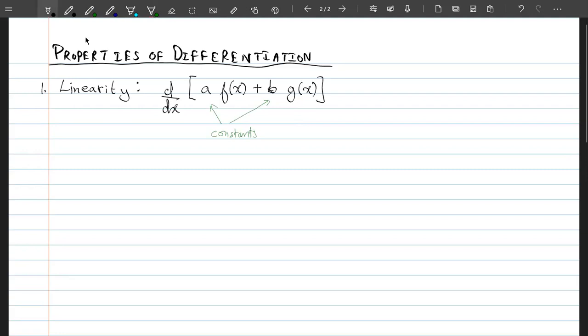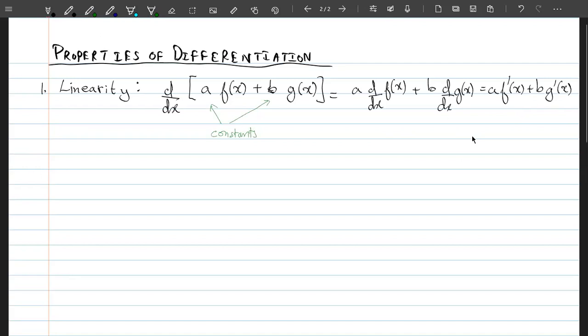The linearity says that if you have such a linear combination and you want to differentiate that, then it is sufficient to differentiate each of the functions and take the linear combination of those derivatives. So a d dx of f(x) plus b d dx of g of x, or another way to write this is a f prime of x plus b g prime of x, or f dash of x and g dash of x. Just another notation for derivative.